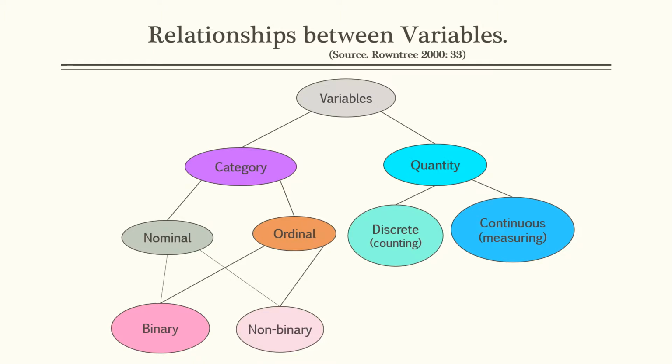Okay, now on the other hand, as we can see here, we have the quantity. So when we say quantity, the objects being studied are measured based on some quantitative traits. So category is based on qualitative traits, while quantity is based on quantitative traits. The resulting data are a set of numbers.